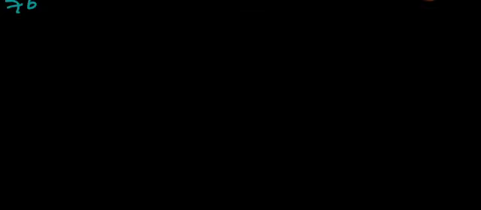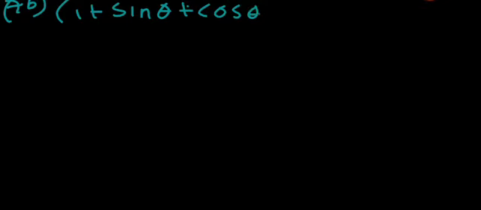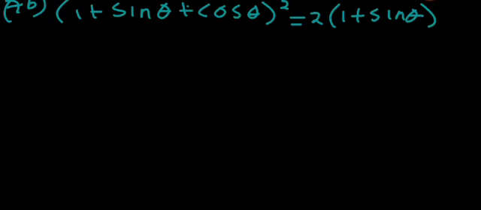So question 7b, we've been given an identity which is open bracket 1 plus sine theta plus cos theta, squared, is equal to 2 open brackets 1 plus sine theta, open bracket 1 plus cos theta, close bracket. Because of space I just write cos here.